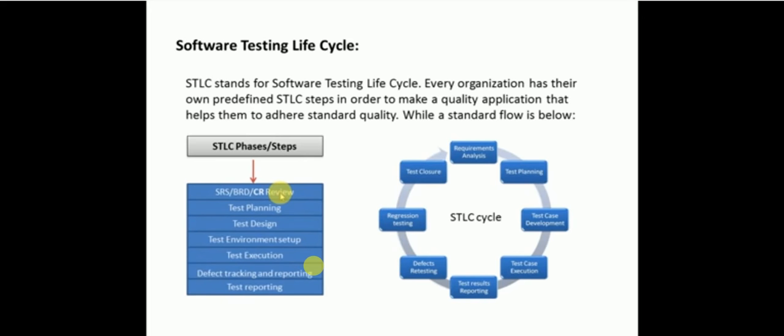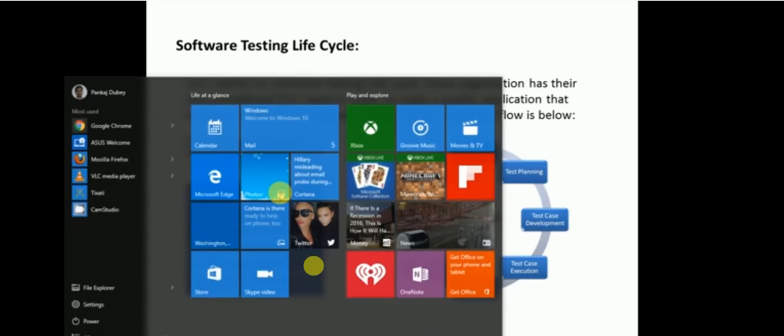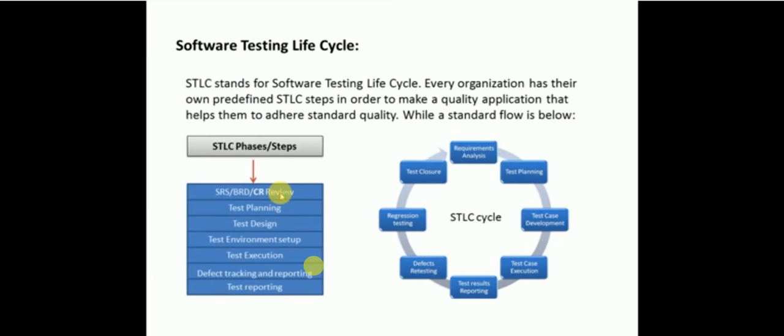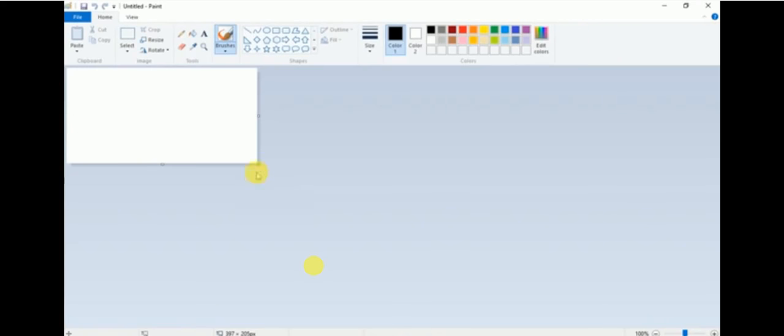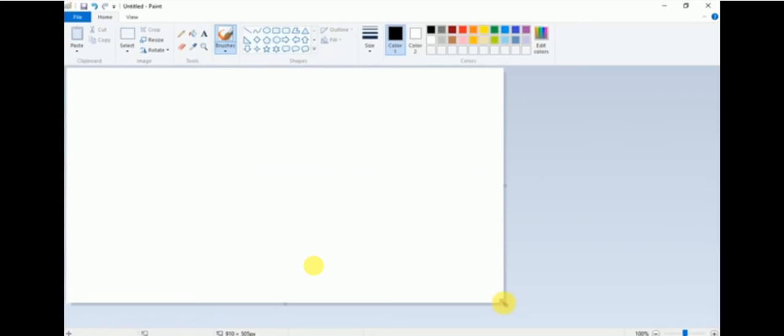So what is test designing now? To explain it, I'll try explaining it with Paint, because it's a long process. What happens in the test design phase? A person creates a scenario, like you are going to test a website, and the first page is the login page.